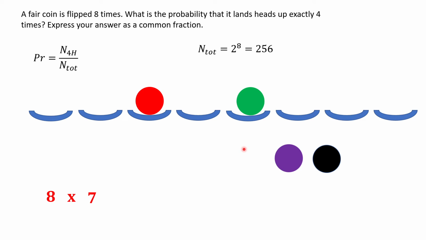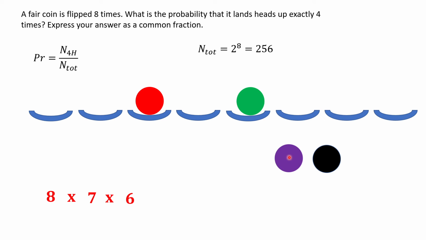And this is one of the possibilities. Now, once I put 2 balls in, the next one is the purple ball. How many ways can I put a purple ball here? Well, there are 6 slots left. So there are 6 ways to put this ball for each position of these 2 balls. Right? And there are 56 of those. For each of these 56 positions of these balls, there are 6 ways to put the purple ball.